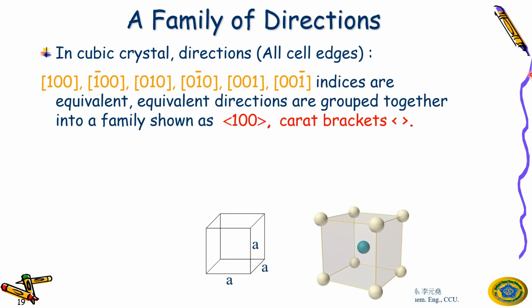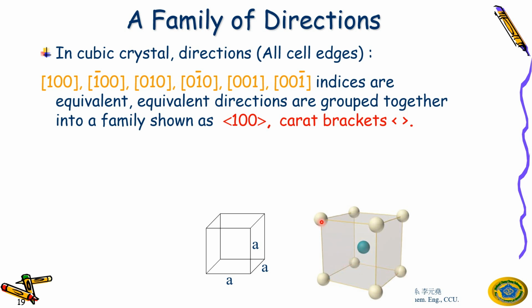Right. So now another thing I want you to remember well is the family of directions. For example, this is FCC. When we talk about the vector here, for example, this is a vector, right? This is also a vector. Are they talking about the same thing? Yes, they are. How about this one?